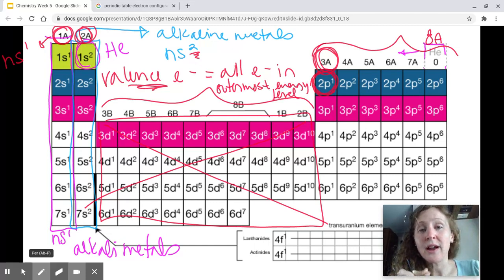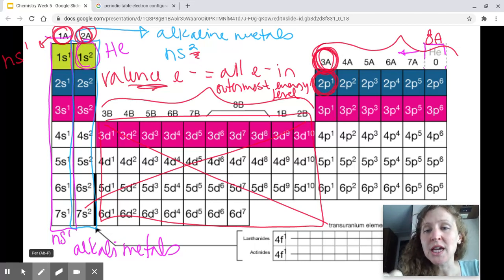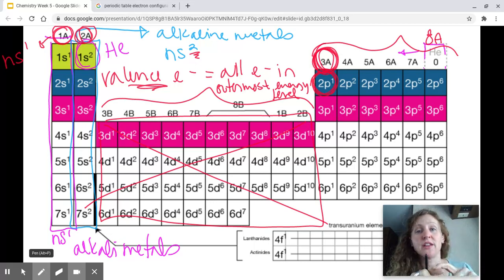So remember, S and P are not energy levels. Energy levels are 1, 2, 3, and 4. So the code for this family is going to contain all the electrons in one energy level.